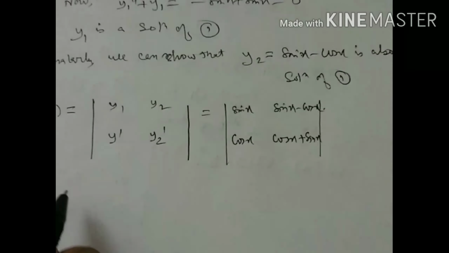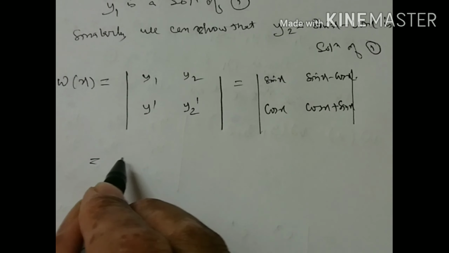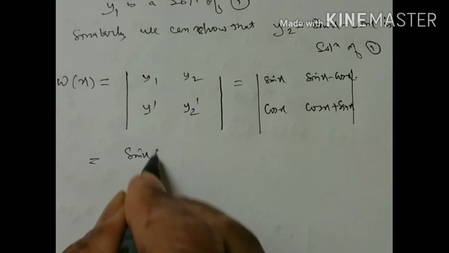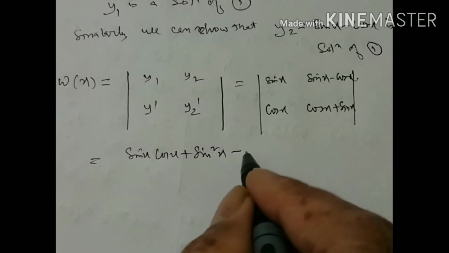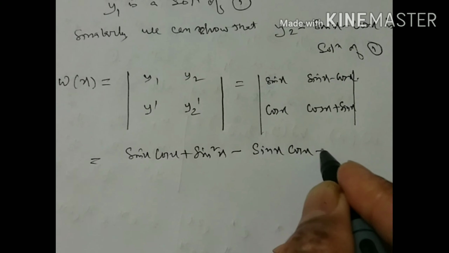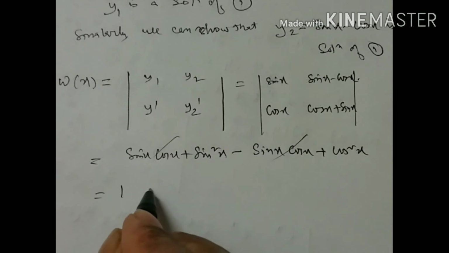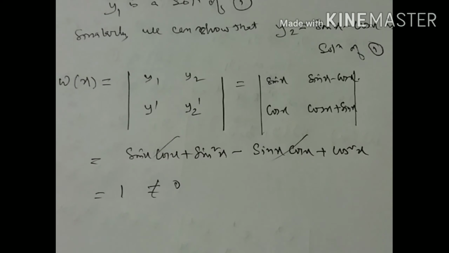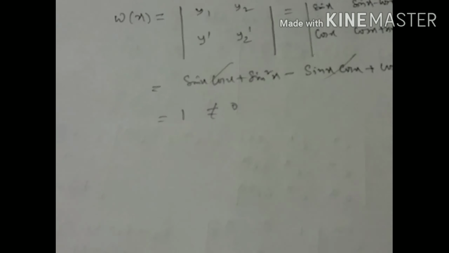Expanding this determinant, it becomes sin x cos x plus sin square x minus sin x cos x plus cos square x. So ultimately 1, which is not equal to 0. So the Wronskian of these two functions y1 and y2 is not equal to 0.